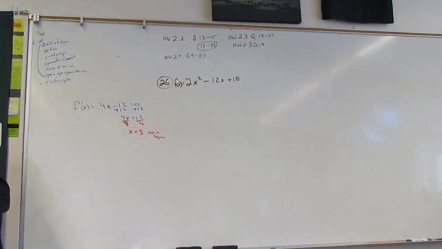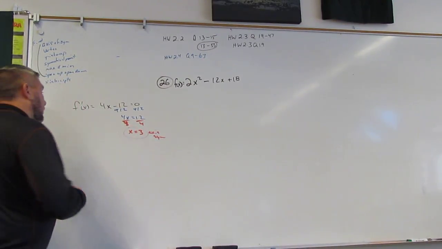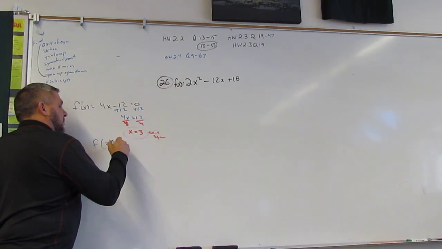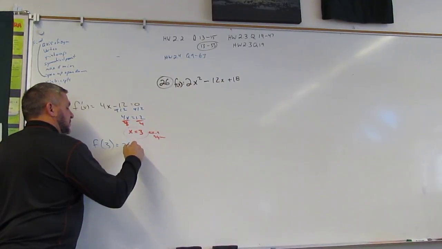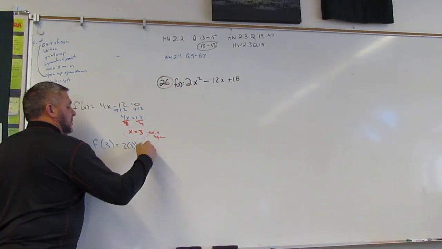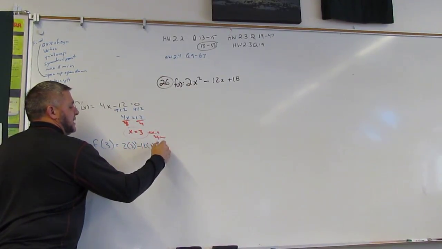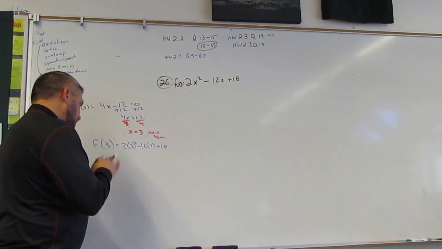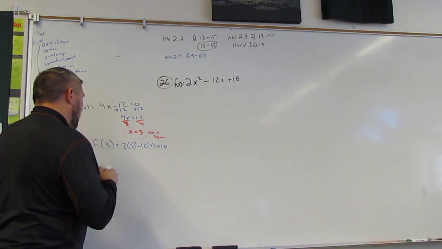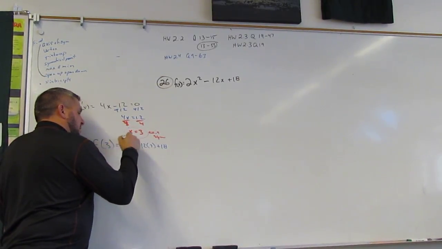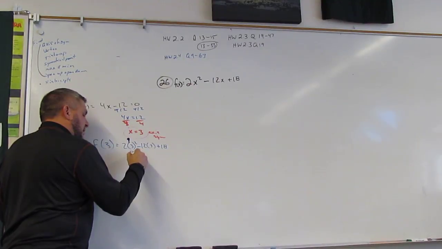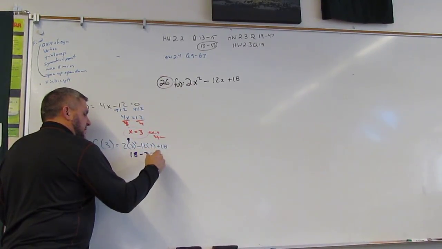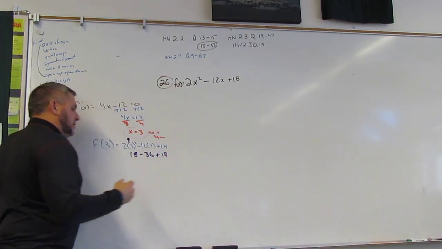Okay? Now we're going to plug that in. f of 3 is equal to 2 times 3 squared minus 12 times 3 plus 18. So I'm going to get 9 times 2, which is 18, minus 36, right? Plus 18.